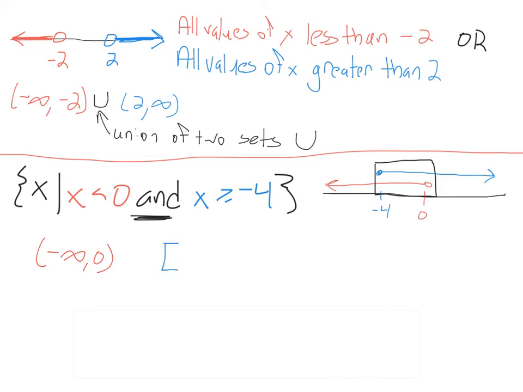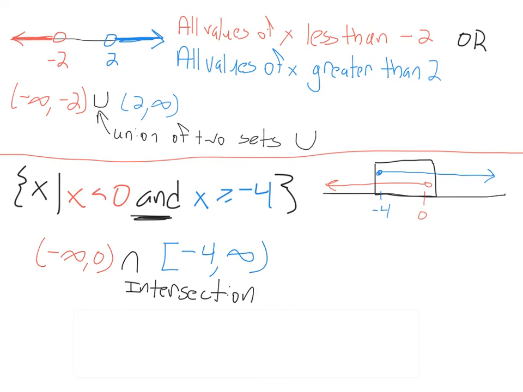So we put a closed bracket there up to infinity. And again, we have these open parentheses with infinities. And I'm not going to use the same union symbol because we have a different connector here. We need the values of x that are in both of these sets. So for and, we use what's called the intersection symbol.